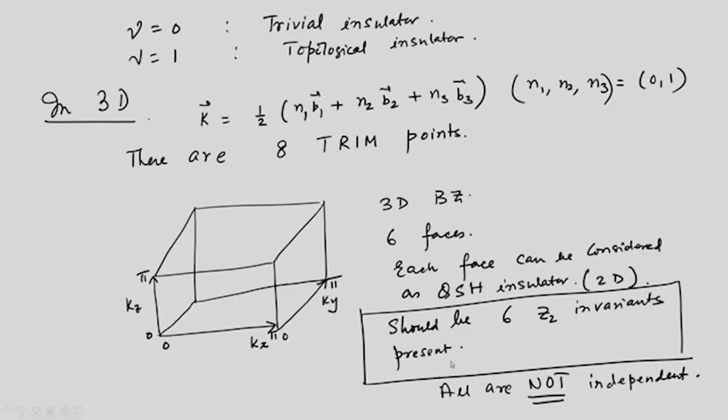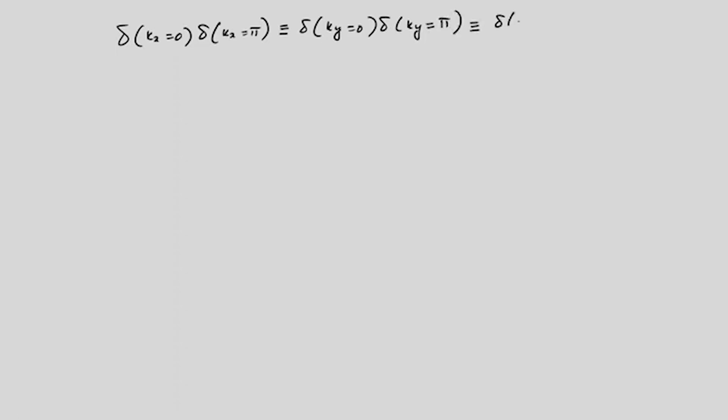In fact we can see that. So, delta kx equal to 0 times delta kx equal to pi is identical to delta ky equal to 0 times delta ky equal to pi, and is identical to delta kz equal to 0 times delta kz equal to pi.